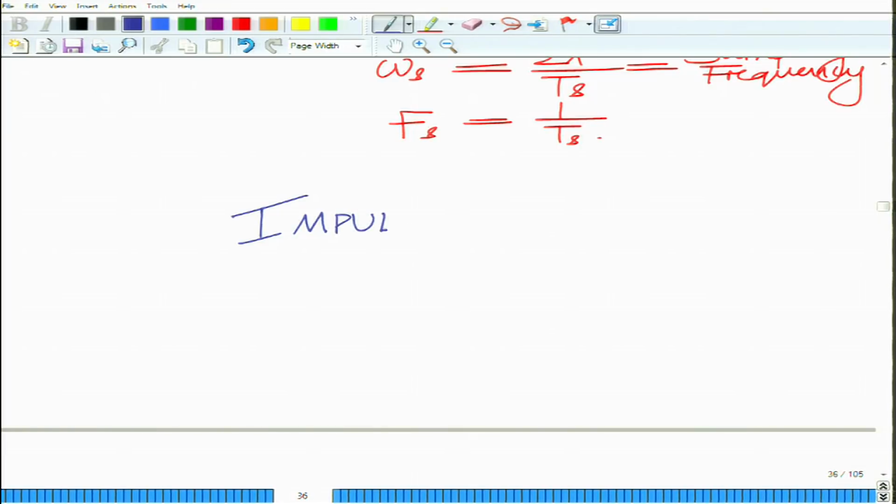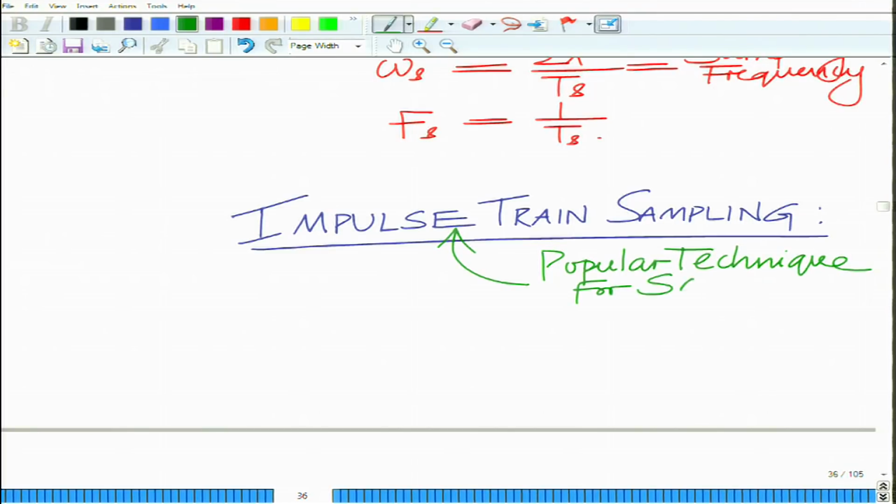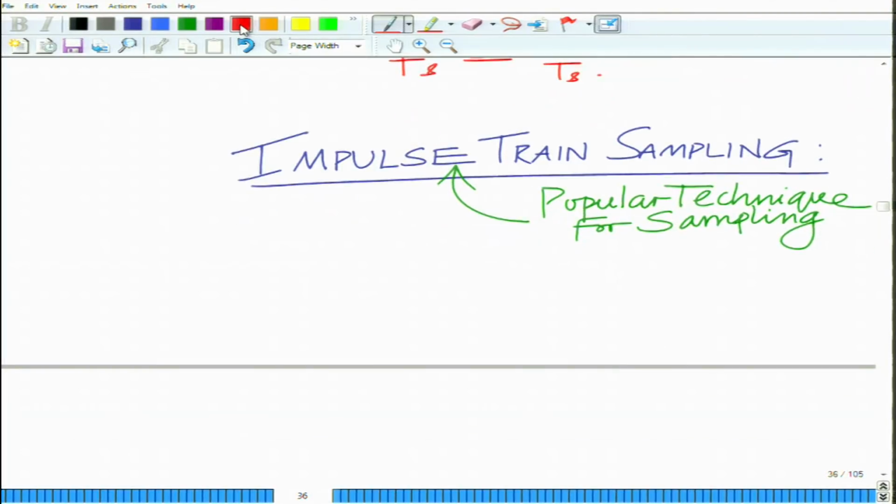One of the most popular techniques for sampling is impulse train sampling.